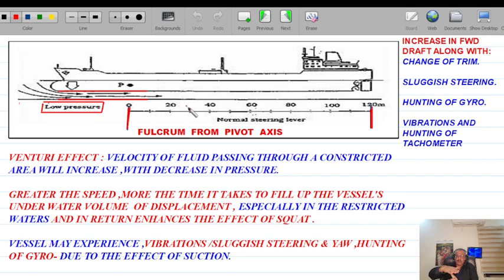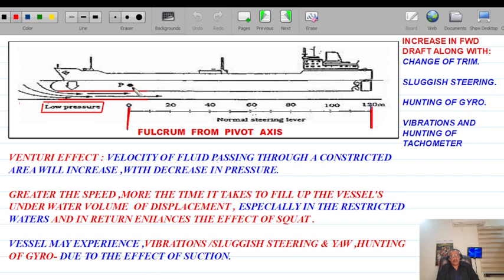So the center of buoyancy probably has moved a little aft. Because of that, this fulcrum effect has increased. The fulcrum, that is the distance between bow and the CB, now with the effect of squat. Let's say originally she was here, now she has gone this way. So the effect of squat will increase because of the fulcrum, the tipping edge. So because of the fulcrum, the bow will tip more.